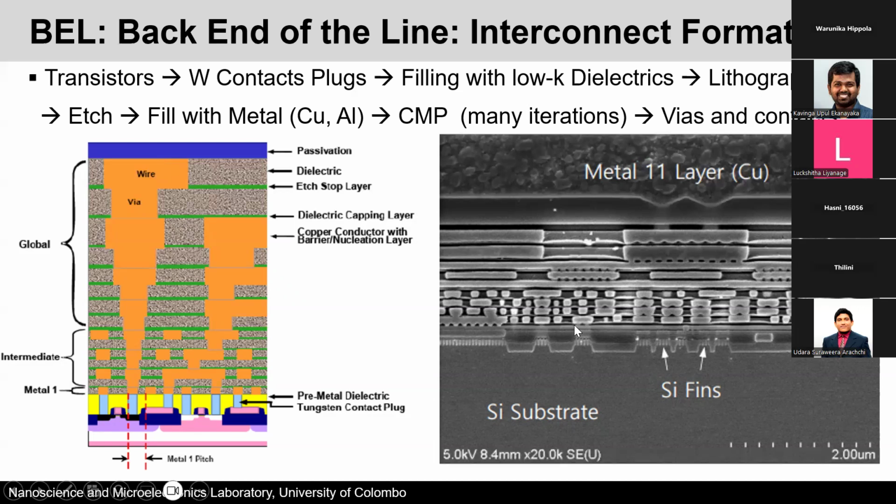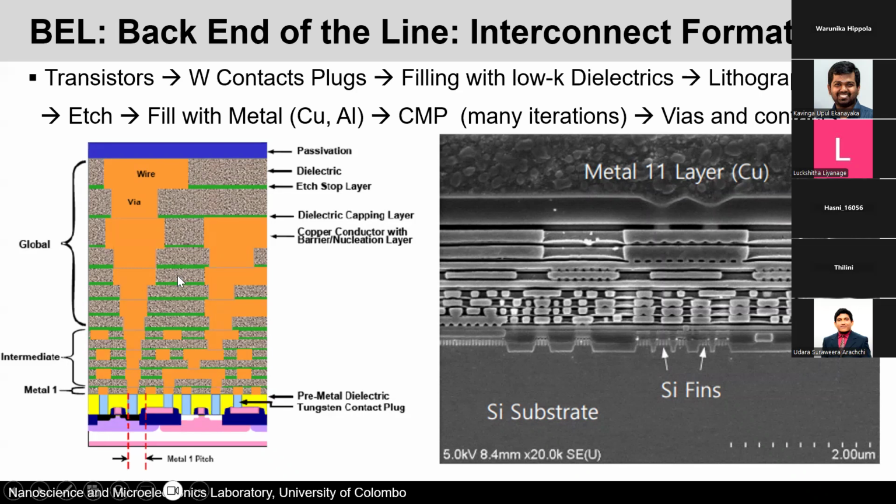To get that, you have to go through the back end of the line process. What I explained previously is the front end of the line, where we actually fabricate the transistors. Once the transistors are done, we put the contact plugs, we fill this area with low-k dielectrics, right? Low permittivity dielectrics, just because we don't need a lot of capacitance between these interconnects.